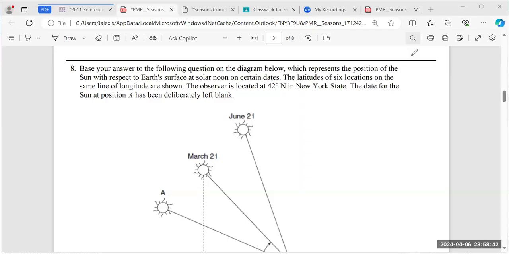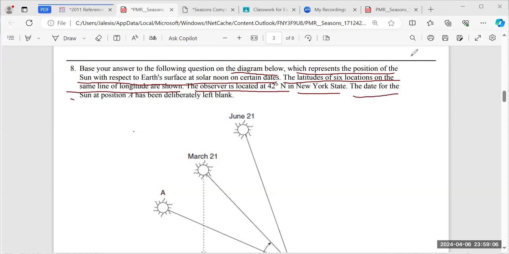All right, number 8. Number 8 says, base your answer to the following question on the diagram below, which represents the position of the sun with respect to Earth's surface at solar noon on certain dates. The latitudes of 6 locations on the same line of longitude are shown. The observer is located at 42 degrees north in New York State.